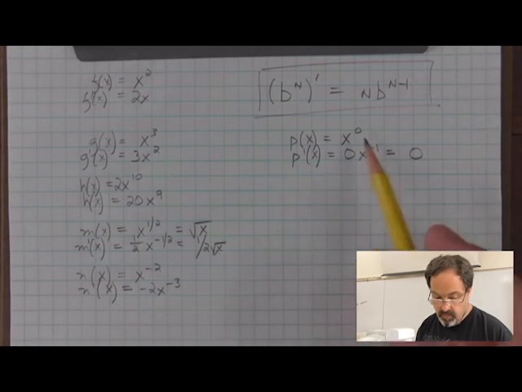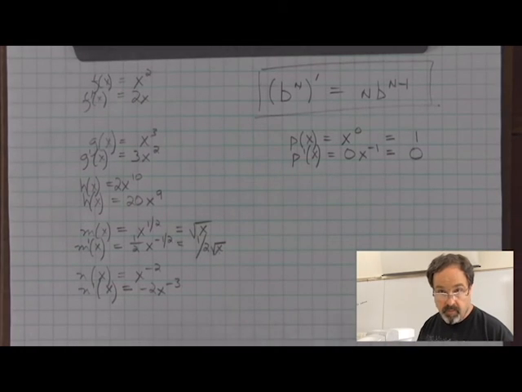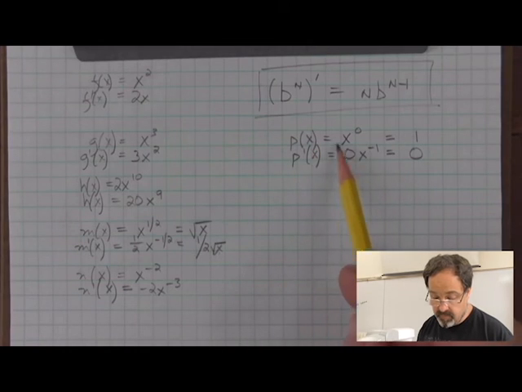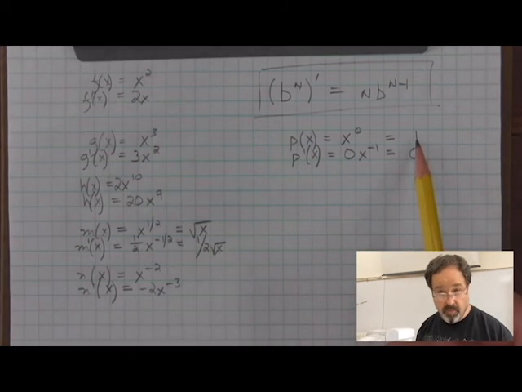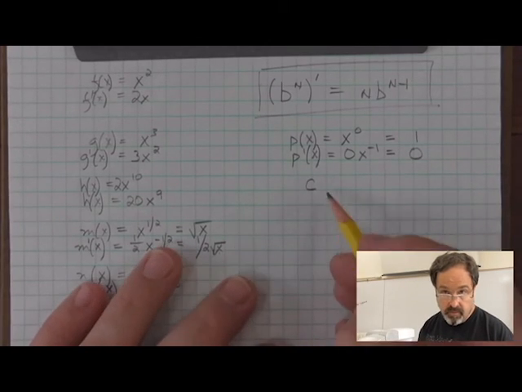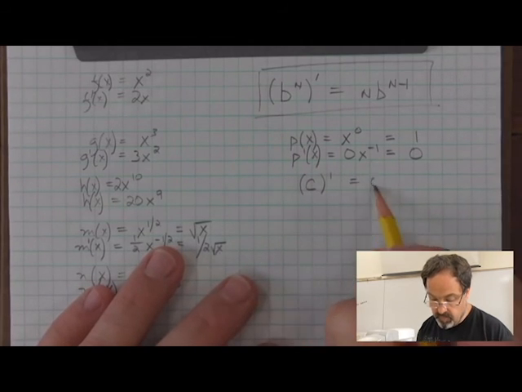x to the 0 started as 1. So really we're asking if p of x is the same thing as 1, then the derivative of 1 is 0. And in fact, we have a general property that the derivative of any constant is equal to 0.